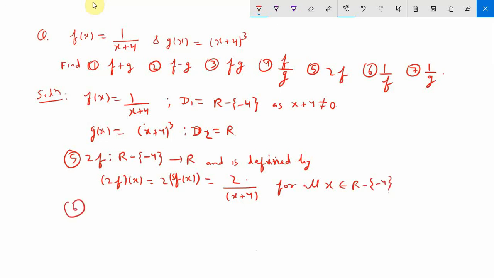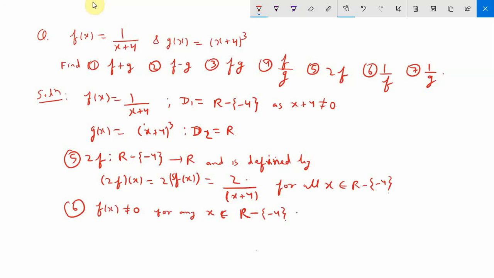Okay. Next one is sixth one, in which we have to find reciprocal of f. So 1 by f, as we can see, f(x) is not equal to 0 for any x an element of R minus {minus 4}.